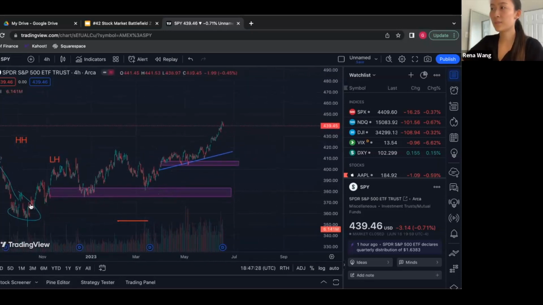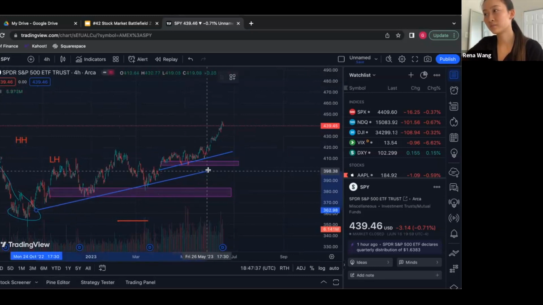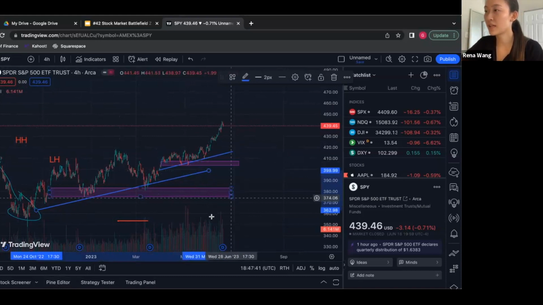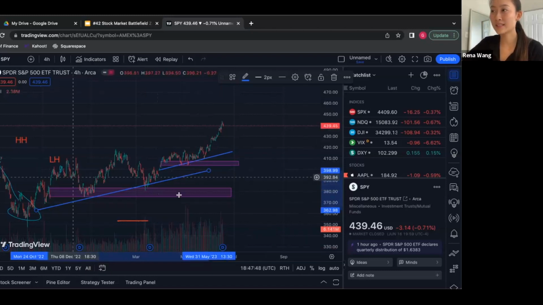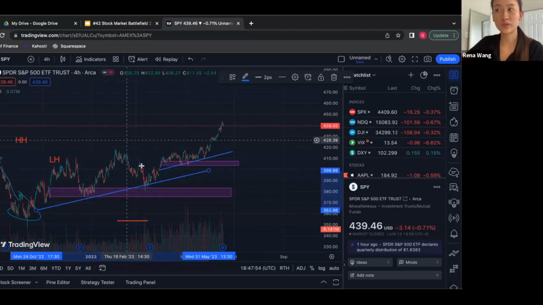It depends how much you want to zoom in and zoom out, which really depends on how long you're holding the stock. Right here, I'm already zoomed out to months. If I were to do this type of analysis, I would be holding it for several months, and these little fluctuations wouldn't really affect me.